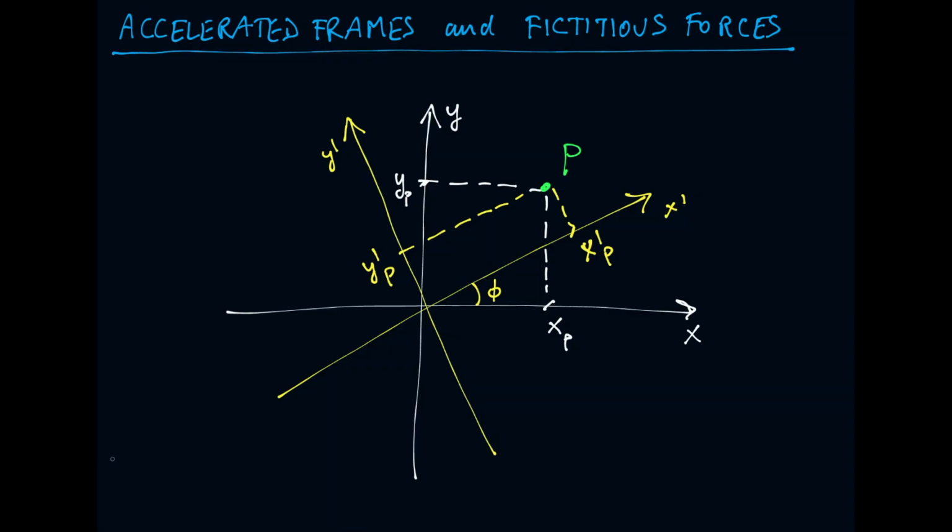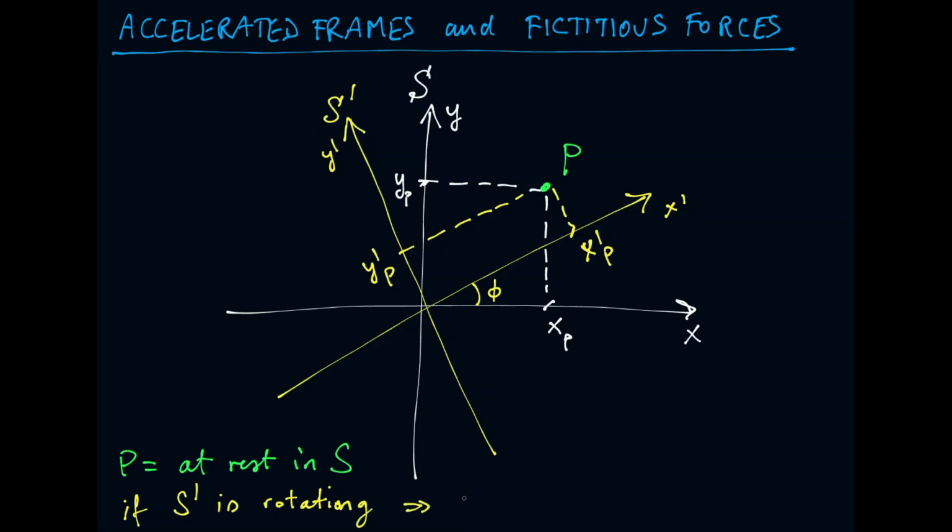Let's say that P is at rest in the original system, or we called it S. That's the white reference frame, and we call S prime the one that's turning. If S prime is rotating with respect to S, then for sure P is not at rest.